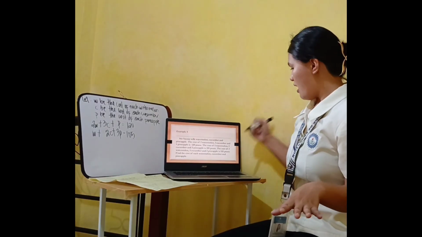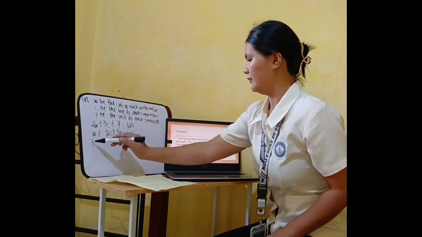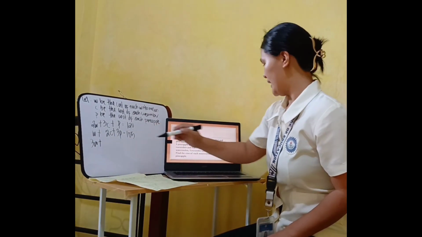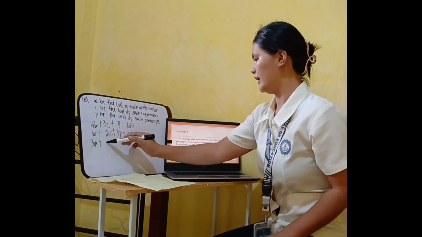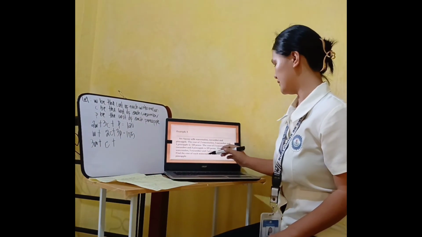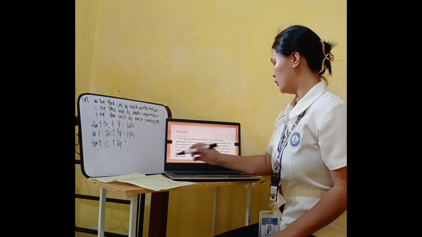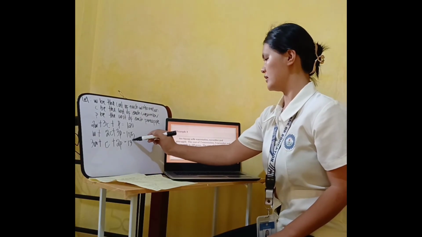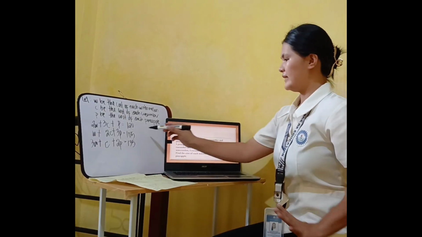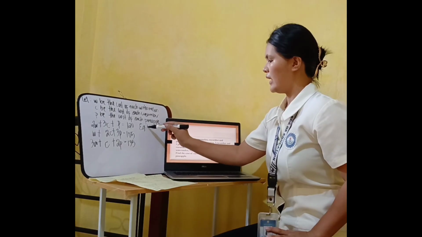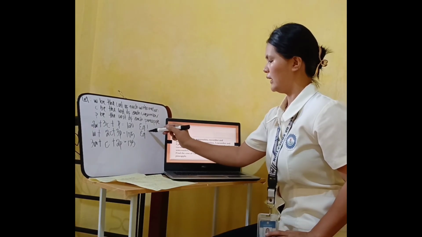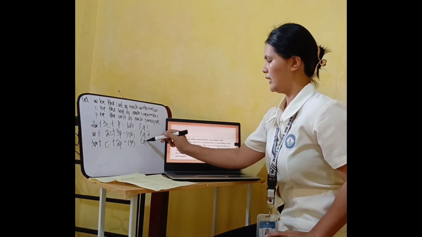Lastly, the cost of 3 watermelon plus 1 cucumber plus 2 pineapple is equal to 135. This is our equation 1, equation 2, and equation 3.